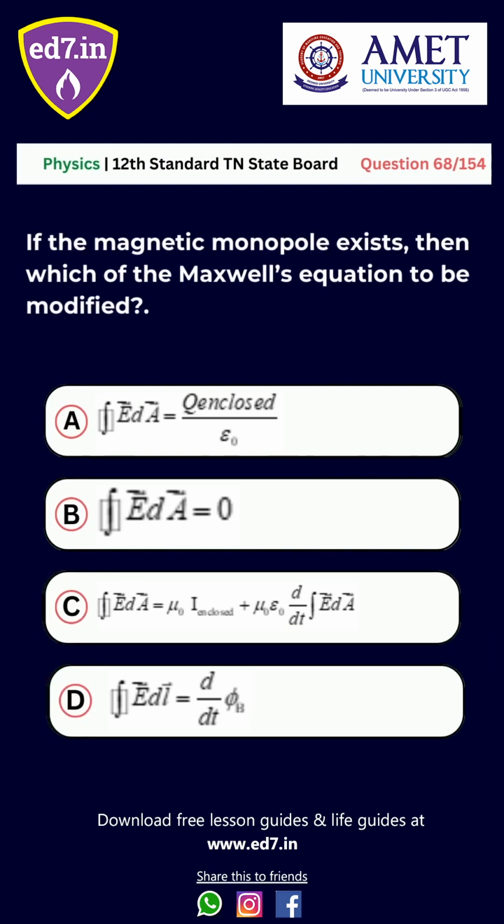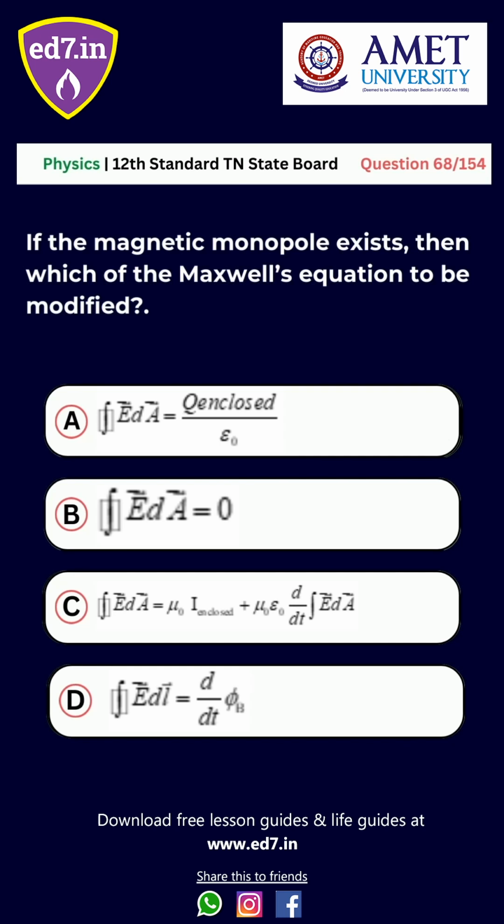Question number 68. If the magnetic monopole exists, then which of the Maxwell's equations has to be modified? Option A, closed integral of E dot dA equal to Q enclosed by epsilon naught. B, closed integral of B dot dA equal to 0.